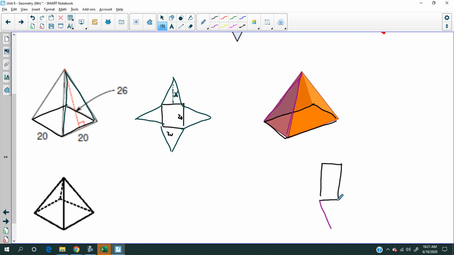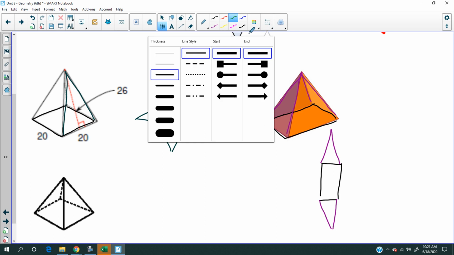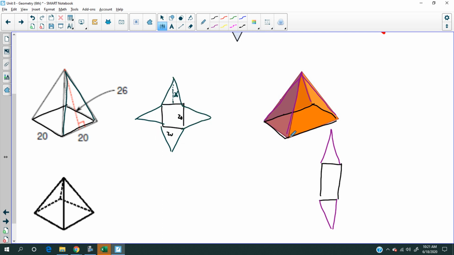This relatively narrow triangle, and also this one. And then these two triangles, they're wider. All right, I just want you to notice that. It looks more like this. Okay, again, this is really a terrible drawing. Okay, so you would get something like that.